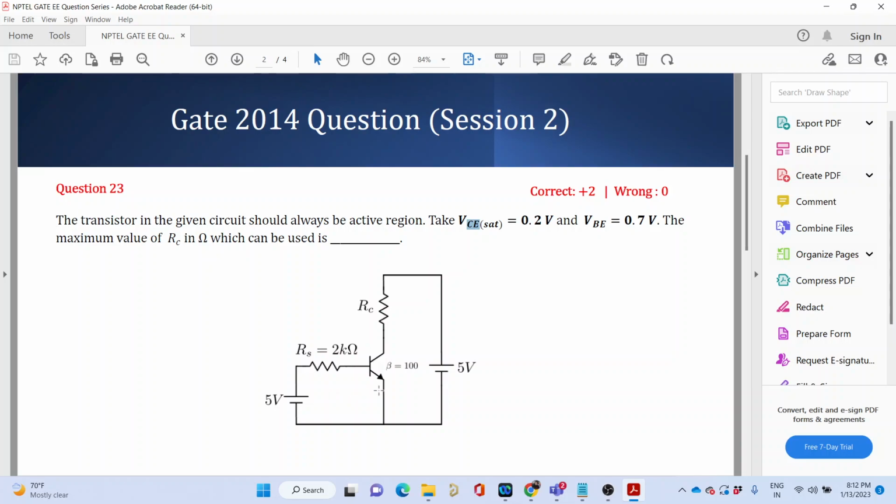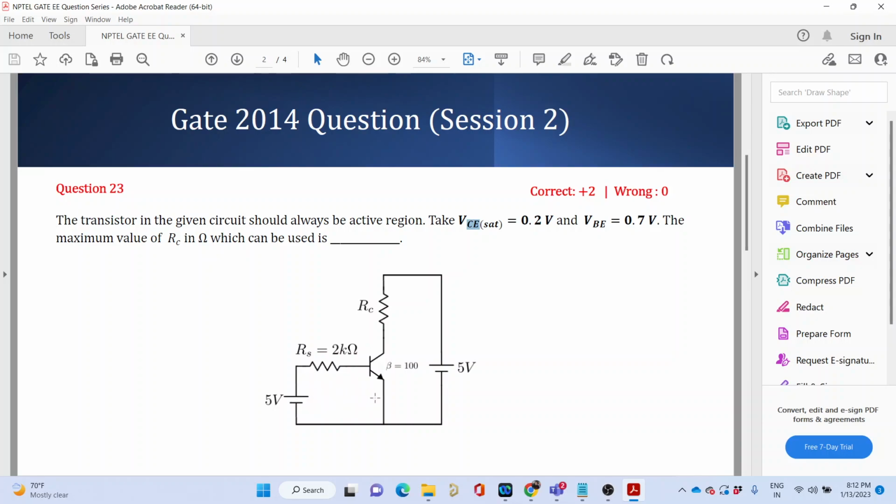Tell me what is the base current. So 2.15 into 10 raised to power... No, not minus 3. Tell me the procedure for finding the base current. So I just applied KVL in this loop: 5 volt, RB 2 kilo ohm, and VBE 0.7 volt.